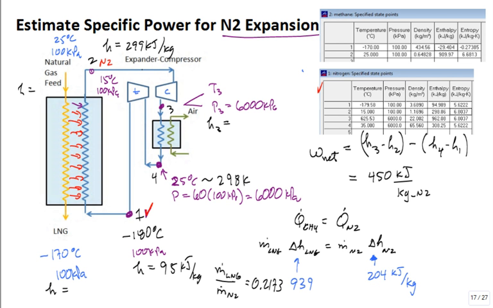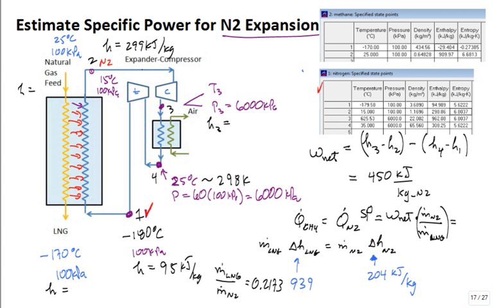I should keep more digits, but I'm just running quickly. So what we find is that the specific power is the net work times the mass flow rate of the LNG, divided by the mass flow rate of the nitrogen. That's my specific power, which is the 450 kilojoules.